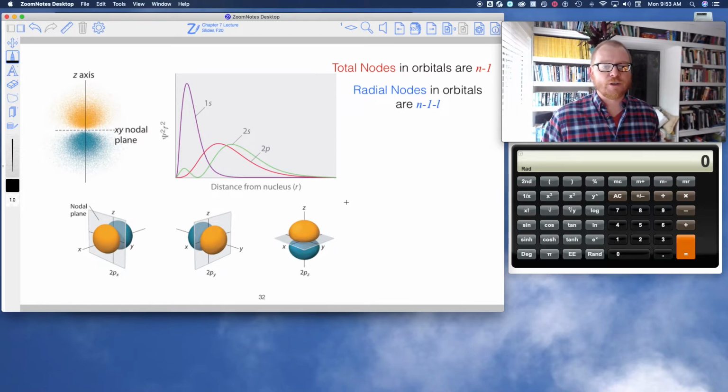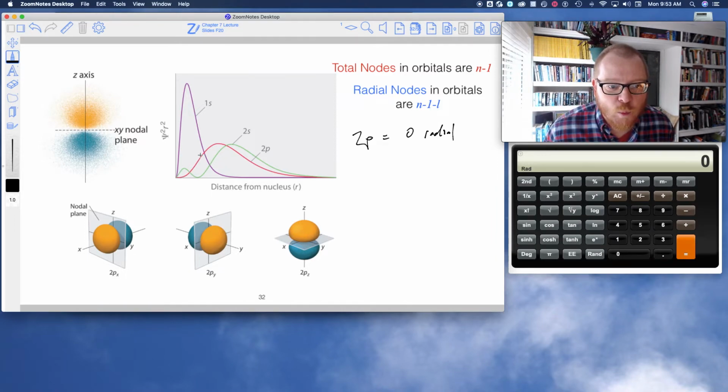If we look at the graph now, at 2p for example, we notice the red curve does not have any radial nodes. So 2p has 0 radial nodes, and we see that on this graph. It's just one peak.